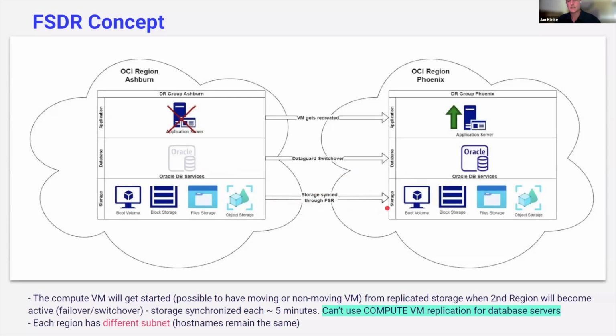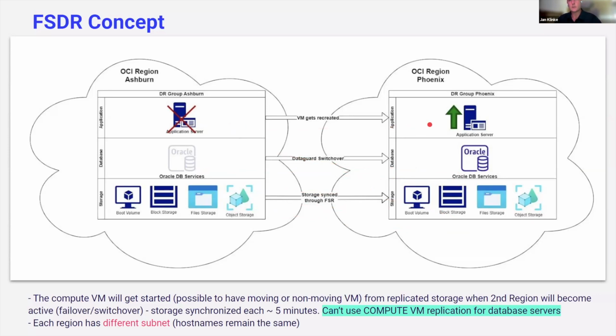The storage itself is synchronized between regions every 5 minutes. It's done automatically by FSDR. When you add your storage to FSDR, you automatically enable storage replication, and it gets replicated roughly every 5 minutes. This type of synchronization is, of course, not suitable for Oracle Database. That's why they have to be different.